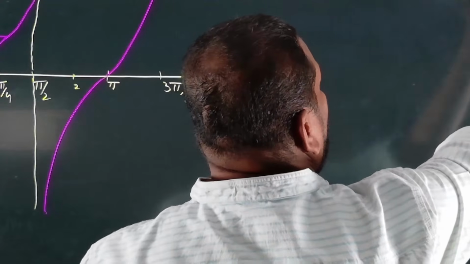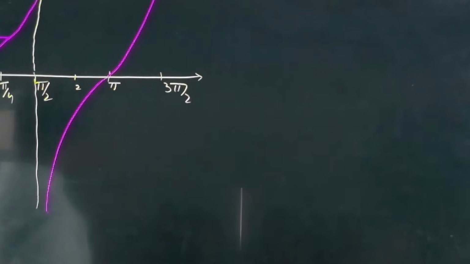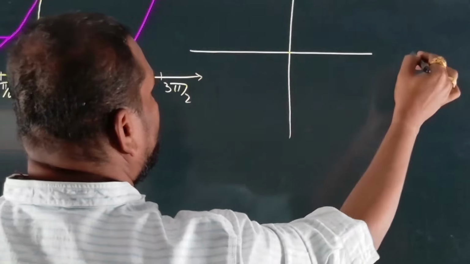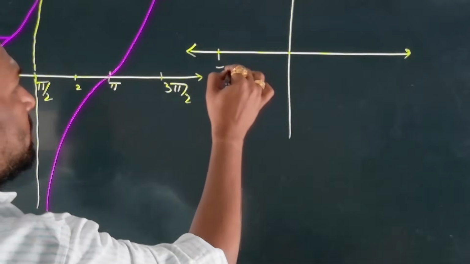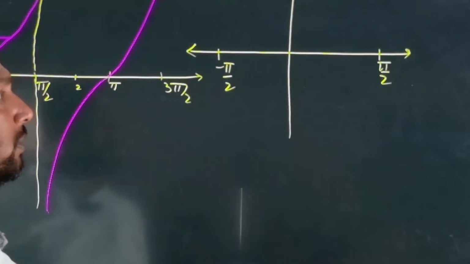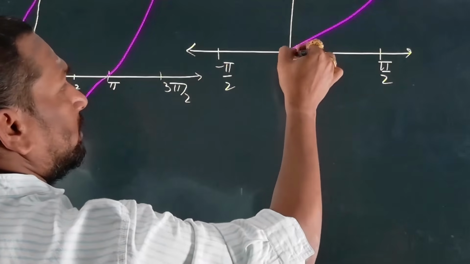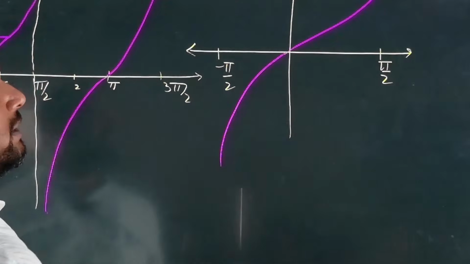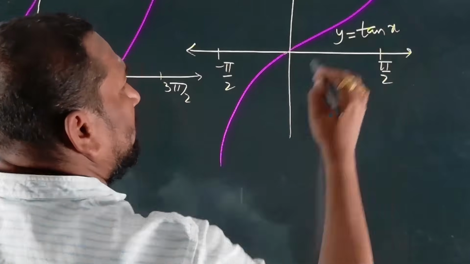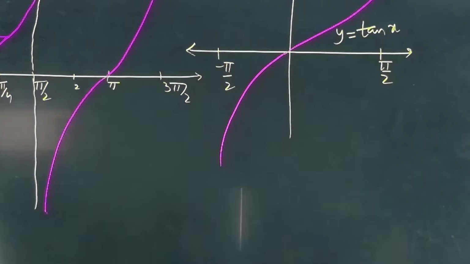And f inverse of x is equal to tan inverse x, with the domain restricted to where? From minus pi by 2 to pi by 2. Tan 0 is 0, tan 90 is infinity. This is the graph y is equal to tan x in the particular interval minus pi by 2 to pi by 2.